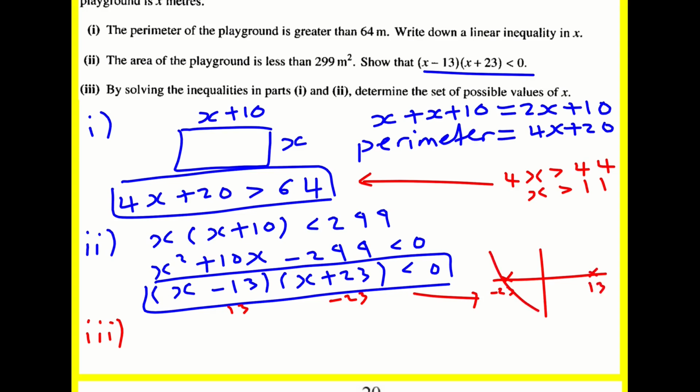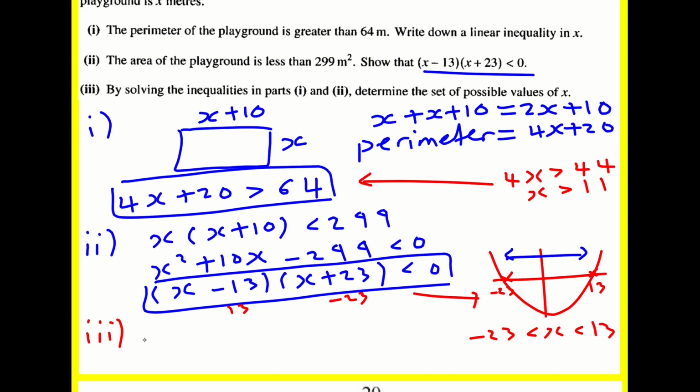So I can sketch it. And again, it just so happens today all the ones I've done have been in between, but I would still draw a sketch to show understanding. And that's going to give minus 23 is less than x, which is less than 13.